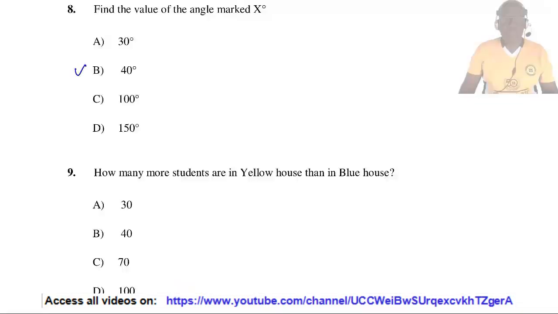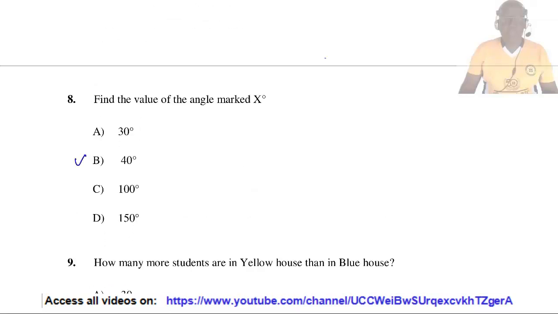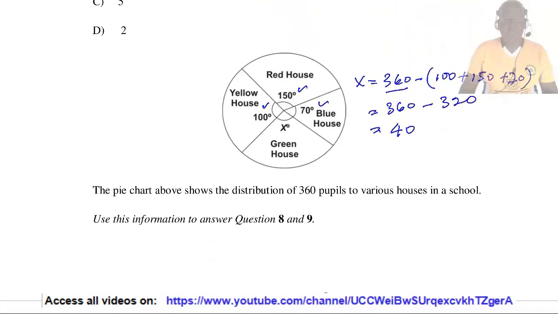Question 9. How many more students are in yellow house than in blue house? We shall go back to the pie chart. Now, the angle of the yellow house is 100 degrees and that of the blue house 70 degrees. The difference is 30 degrees.